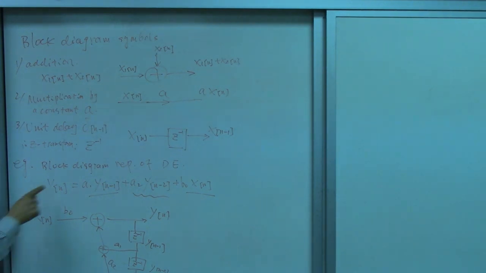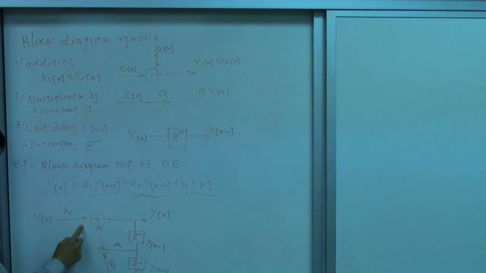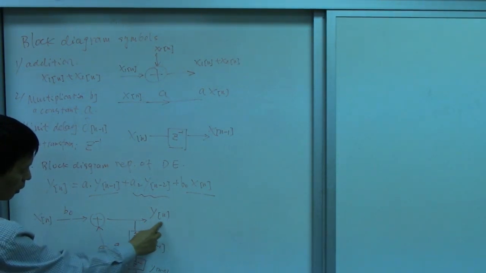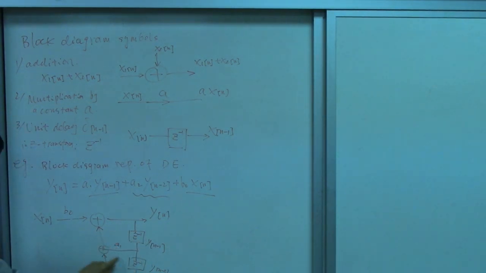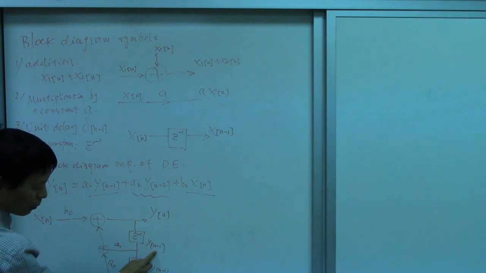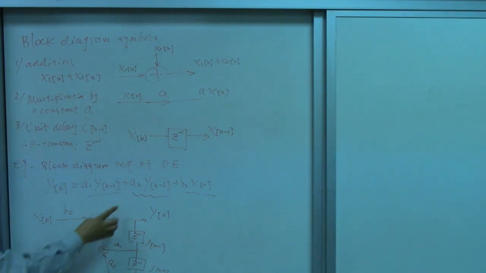So from here, we go here. So Yn equals this, plus Yn minus 1 times a1, plus Yn minus 2 times a2. Add up together, get this. These two are equivalent, so we should be able to go from here to here or from here to here.